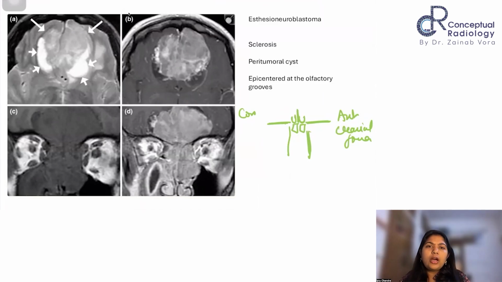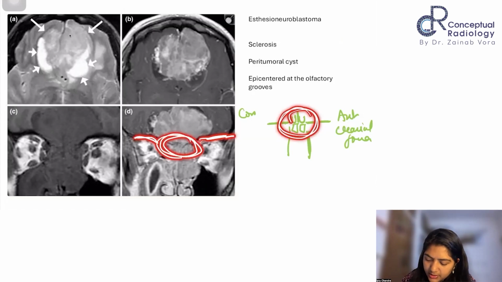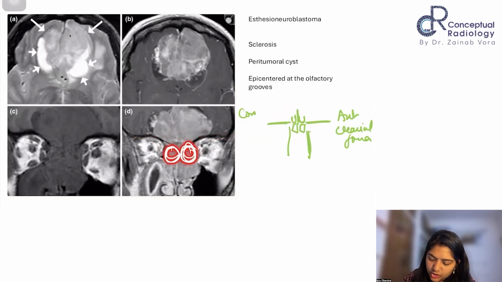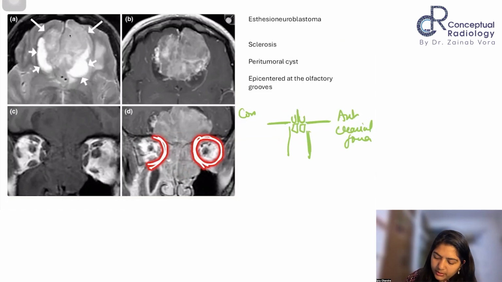So, no, I would rather say that, oh, right. Yes, yes. So this is the cribriform plate. Very good. This is the anterior cranial fossa. The central part is the cribriform plate. You have ethmoid air cells in this region apart from the nasal cavity, right? These are both the lamina papyracea, the walls of the orbit.